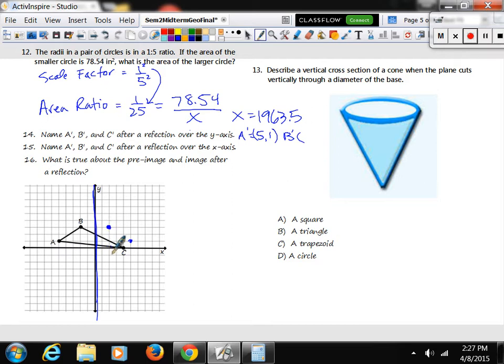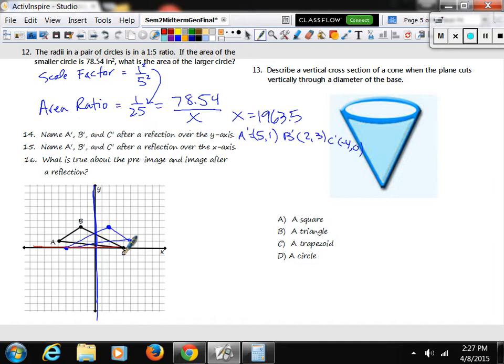So that's going to be over 2 and up 3. And C prime is 1, 2, 3, 4 over. So that's going to be negative 4, 0. This would be your new triangle if you went over the y-axis. If you folded it on the y-axis, that's what it would look like.